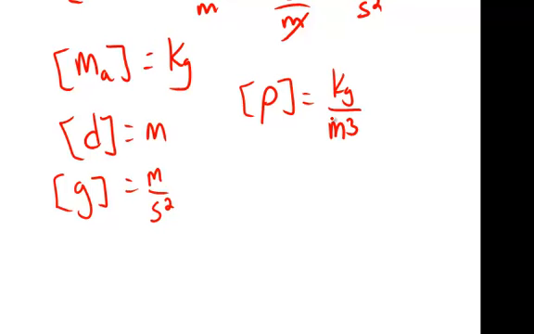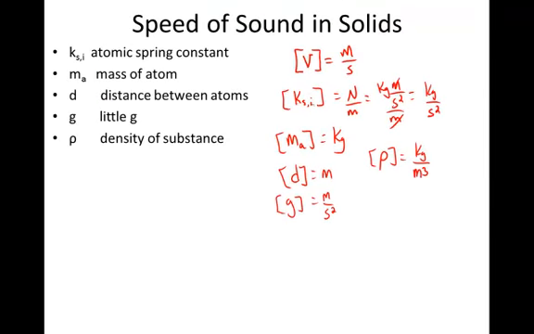Now, I know that the spring constant has to be involved, and the mass. The reason being, sound actually propagates via oscillations in the atoms. So it's going to depend on the stiffness of the spring. If you have a very weak spring, you wouldn't expect sound to travel very fast.